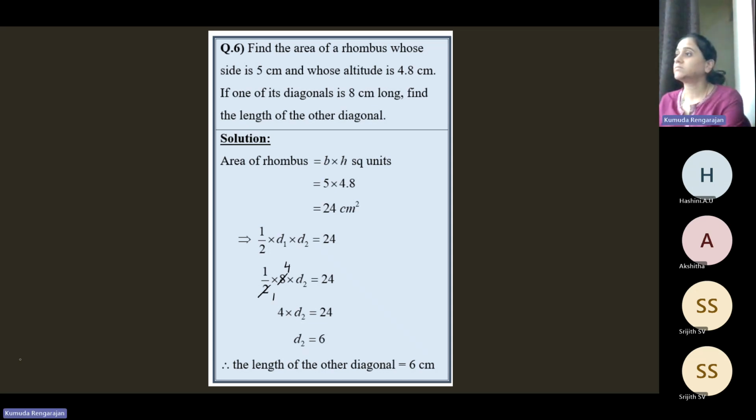So first you should find the area using base into height. Then you should equate half D1 D2 to that answer 24 to find the length of the other diagonal.